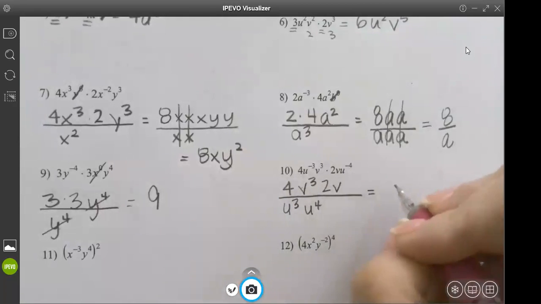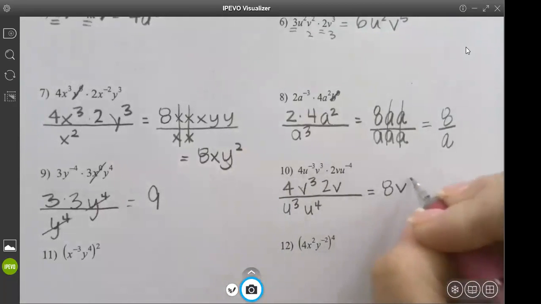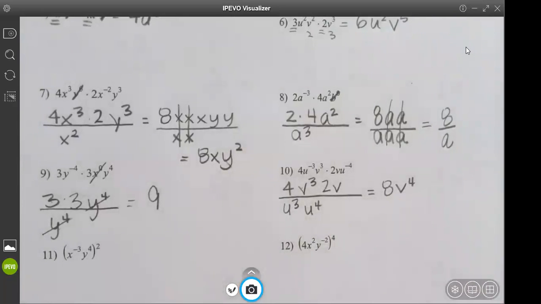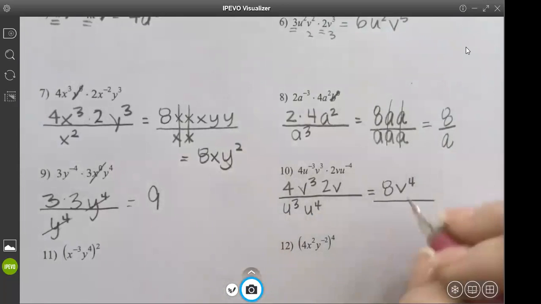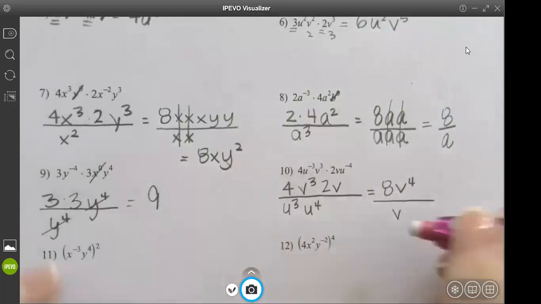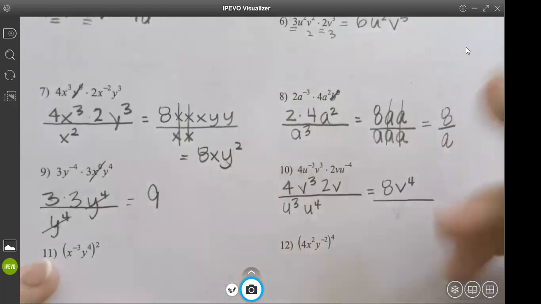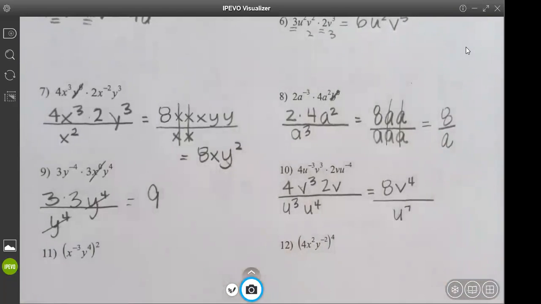Four times 2 is 8 on the top and 4 V's. On the bottom, 3 plus 4, sorry, that should be U, is 7 U's. There's no letters the same on the top and the bottom, so that's as good as it gets.